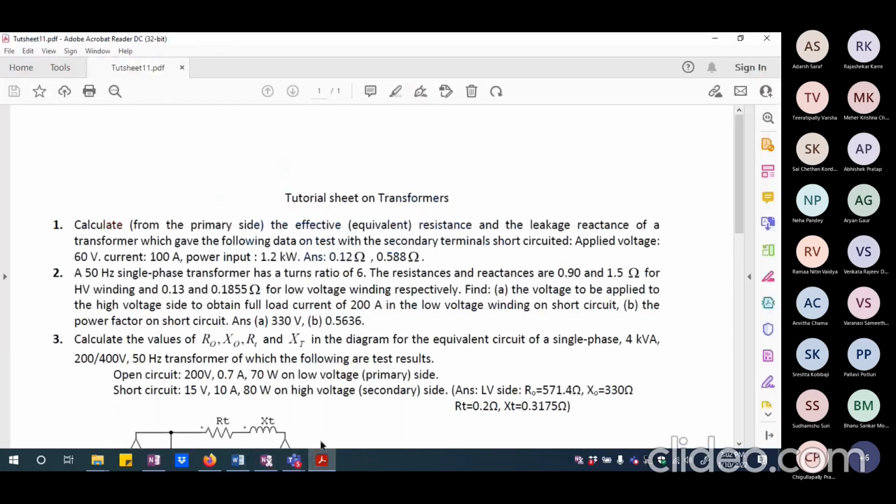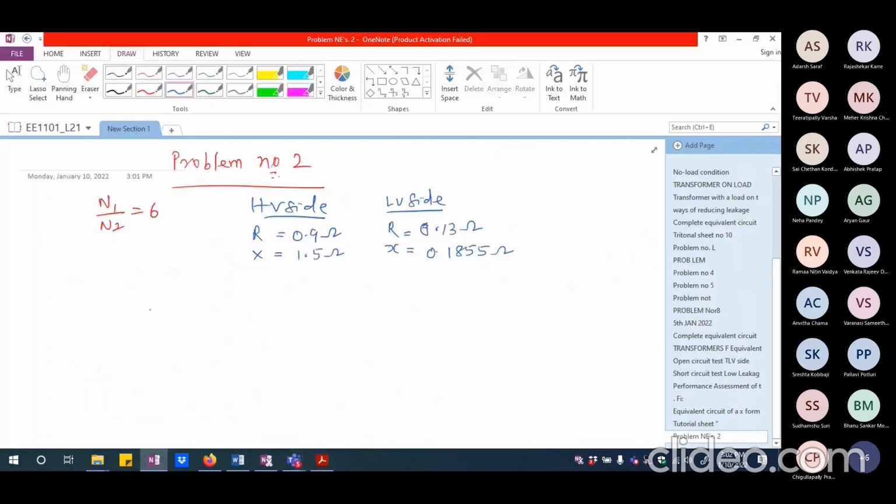Okay. So first of all, before everything, let's see whether the question is asking from the high voltage side. This says the resistances and reactances are so, and the voltage to be applied to the high voltage side. So I want to transfer everything over to the high voltage side. Voltage to be applied to the high voltage side to obtain a full load current of 200 ampere on the low voltage winding on short circuit.